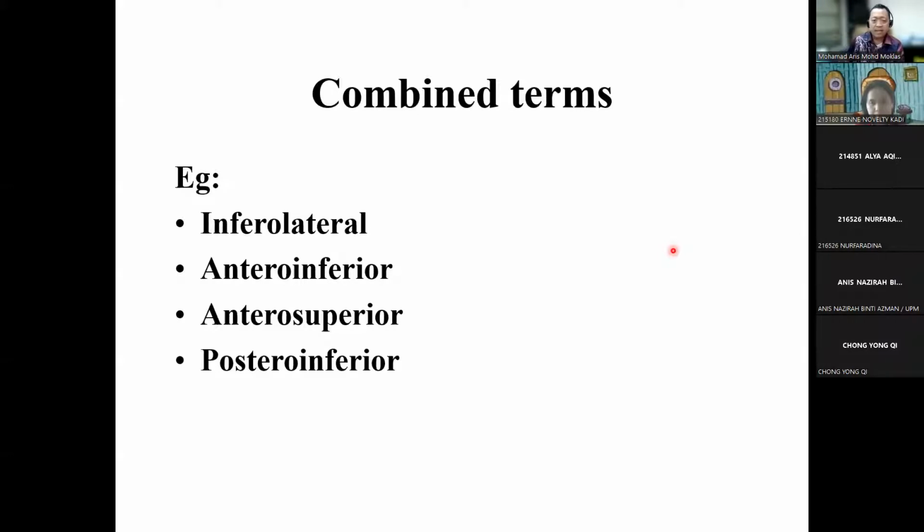These are examples of combined terms. So when you read in the textbooks or any report, for example antero-inferior, you should be able to guess what is meant by antero-superior, posterolateral, or supero-inferior. So that's the combination positions.